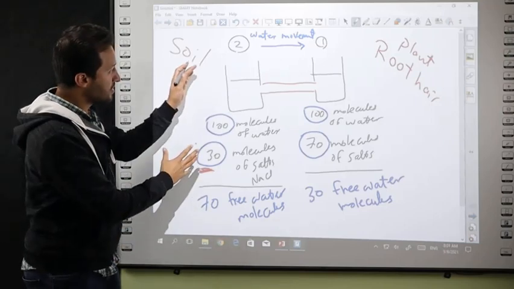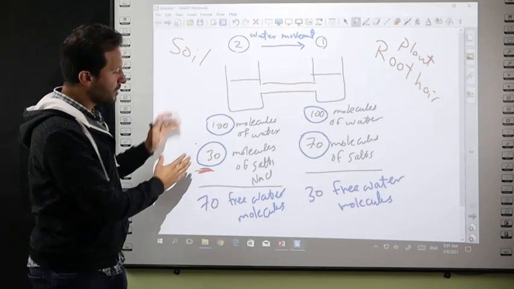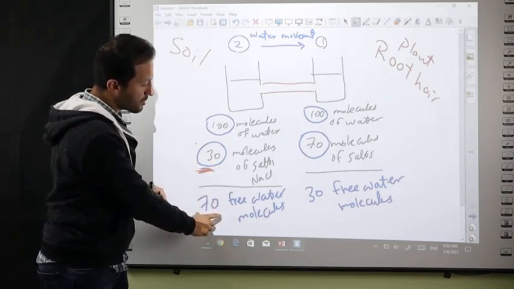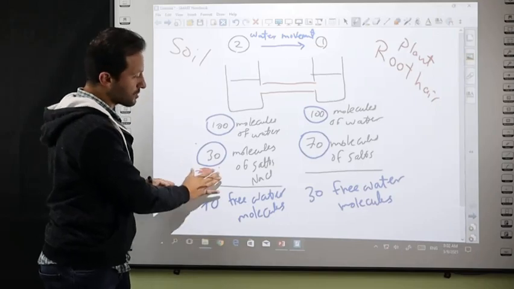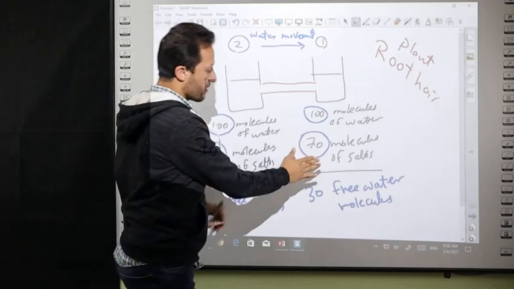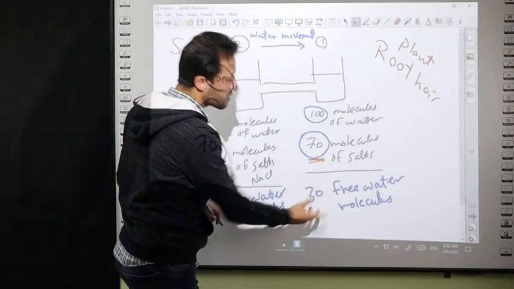So again, cup number 2 represents the soil, and in soil we have a small concentration of salts and a high concentration of water. Low concentration of salts, high concentration of water. And in root hair we have a high concentration of salts and a low concentration of water.